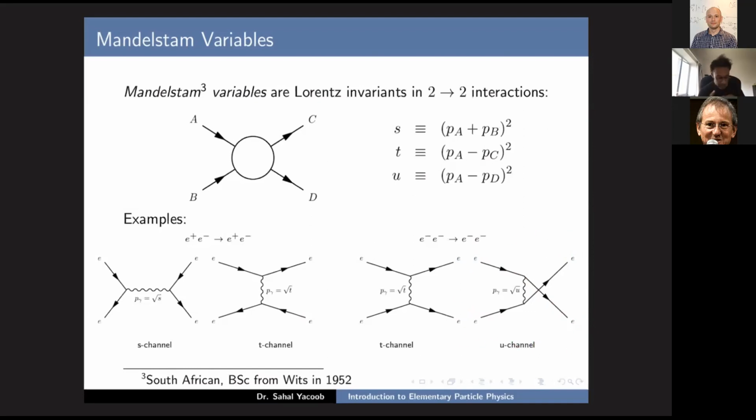I'm doing this quickly and I'm happy to take more questions on it. But the important thing is that it has to do with the labeling of particles and the probability of a particle with momentum A being measured finally with momentum D, as opposed to momentum A being measured with momentum C. And that all goes into the energy and momentum conservation.